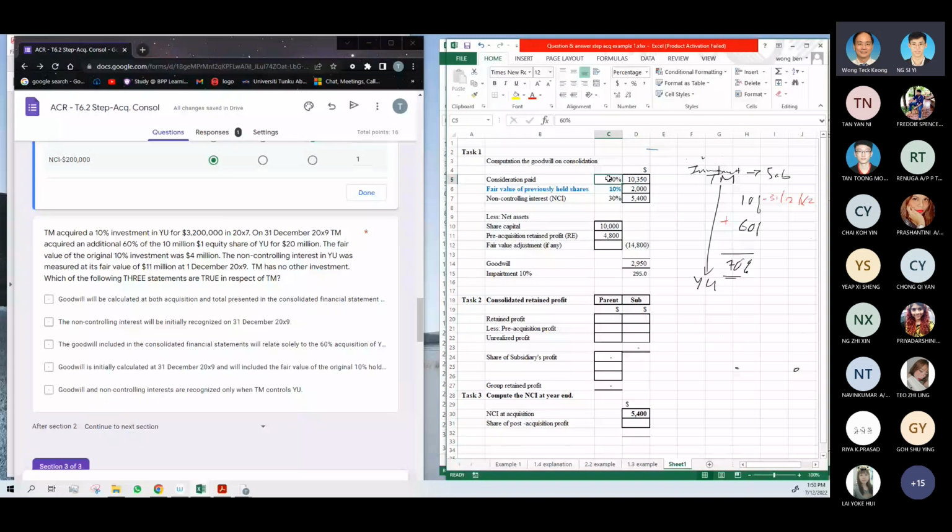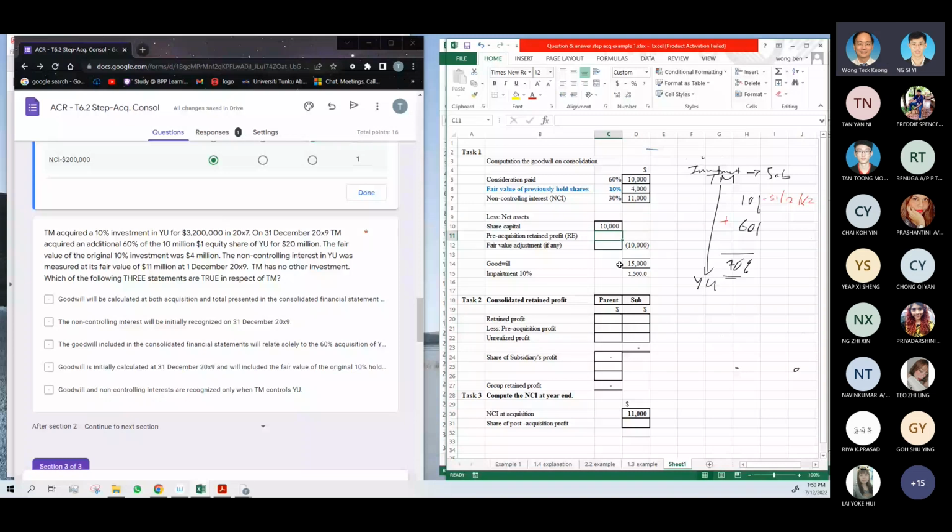Your 60% you pay 10 million. The value of the original 10% now is 4 million given here. So they give NCI value at fair value of 11 million. They didn't give us the net asset or pre-acquisition profit, so we can't compute goodwill, okay? Because there's one amount missing.